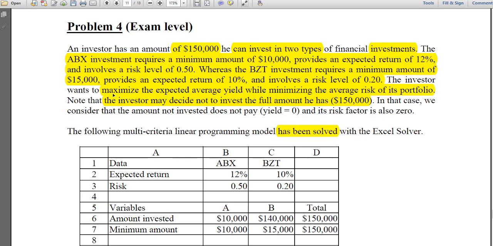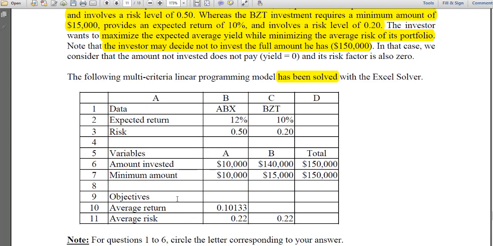The investor would like to maximize expected average yield and minimize the average risk. One option is not to spend the whole amount of money, and this is the table with the results.